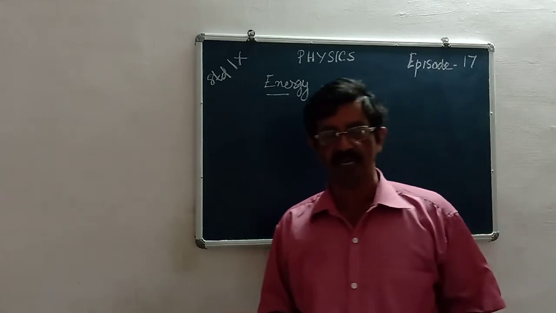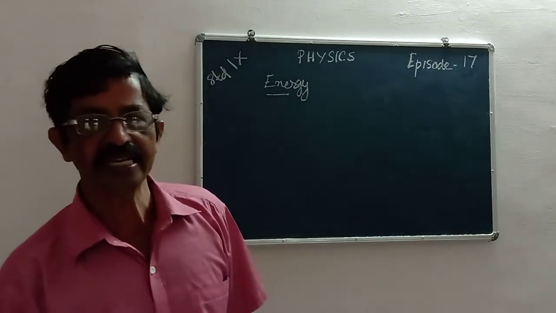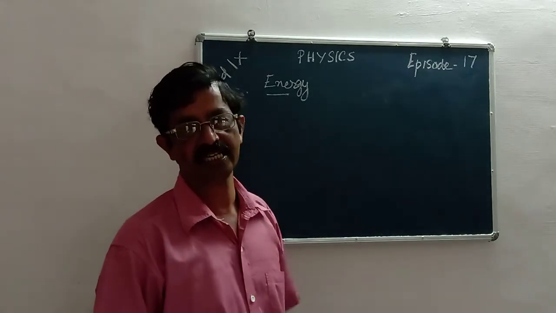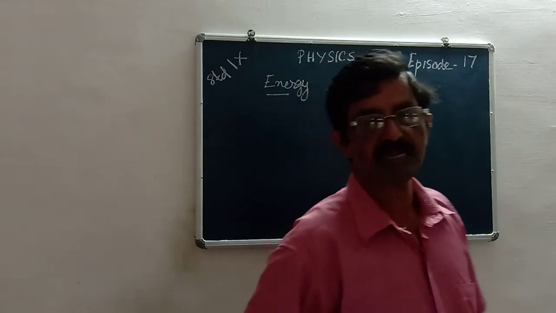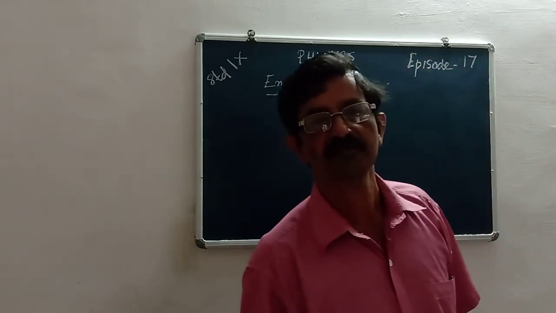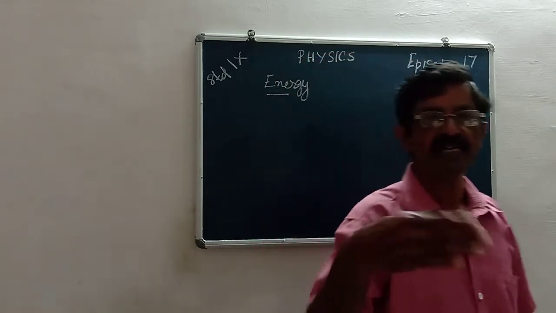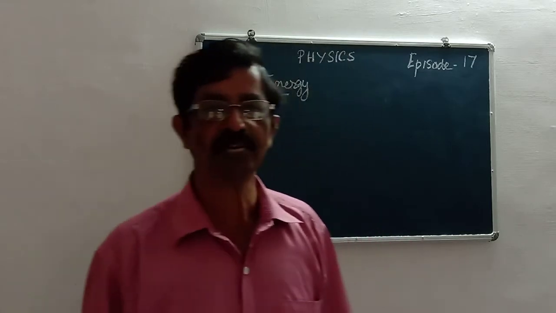But in science, energy is different from that. On our earth, most of the energy we get is from where? From the sun. So the sun is the natural source of energy.